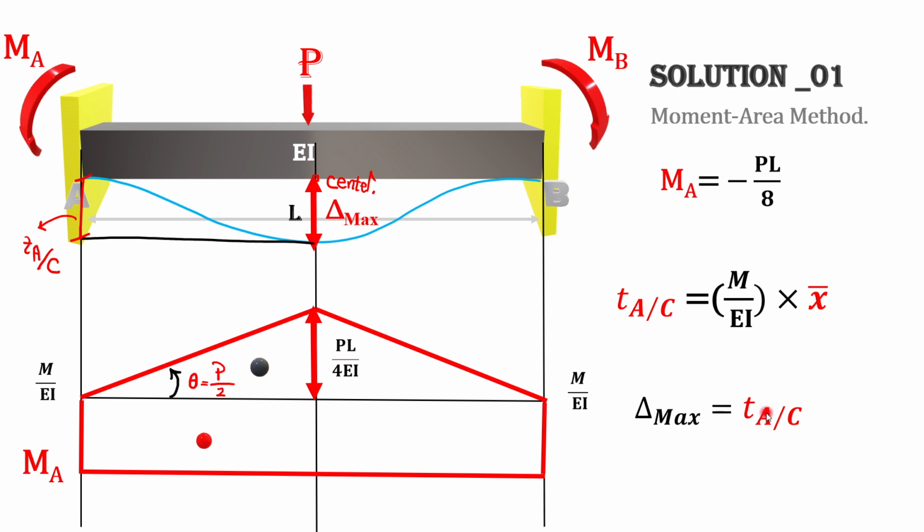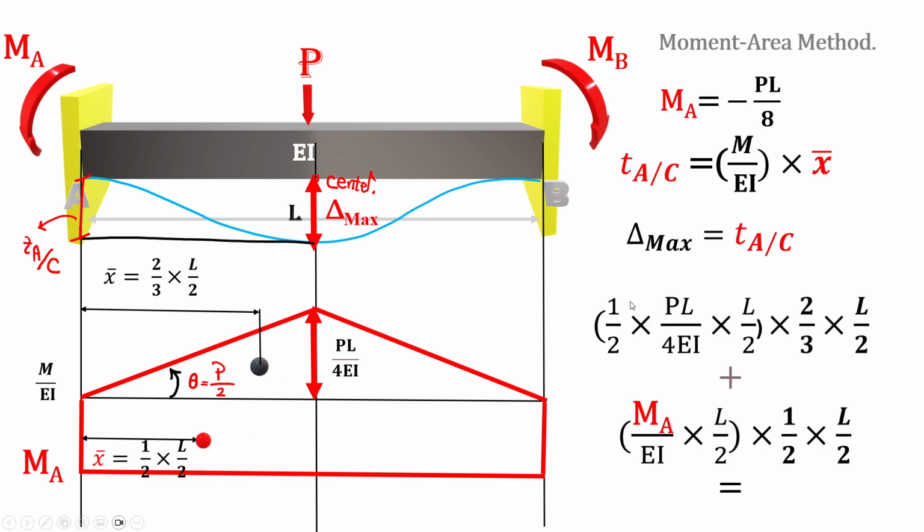Delta maximum is equal to the tangential deviation of A with respect to C. We need to calculate our X bar for both parts. For a triangle, the centroid is 1/3 from the base and 2/3 from the other end, so X bar is 2/3 of L over 2 for the triangle, and for our rectangle, that's half of L over 2.